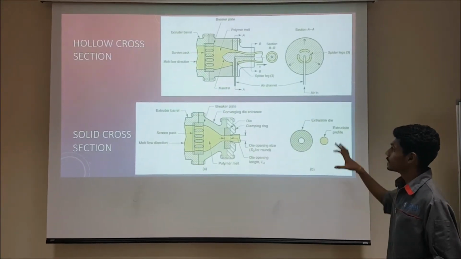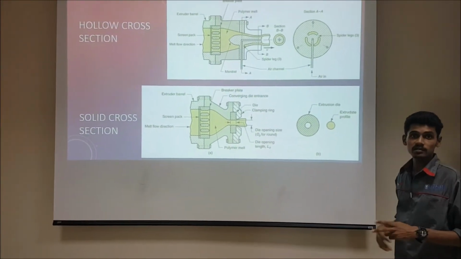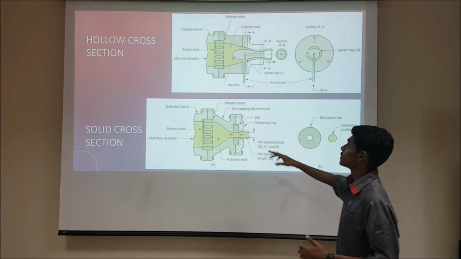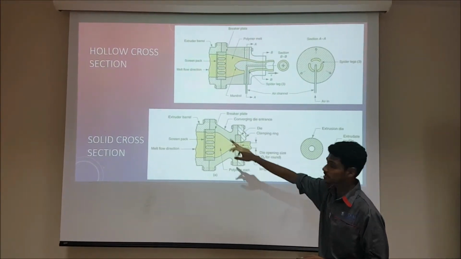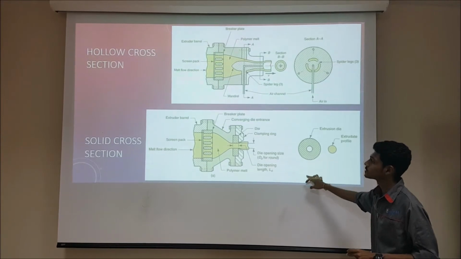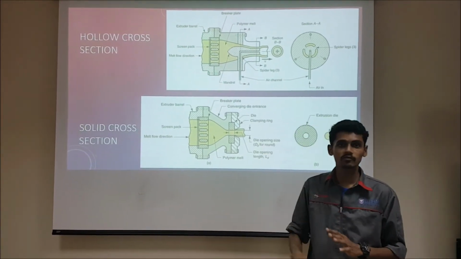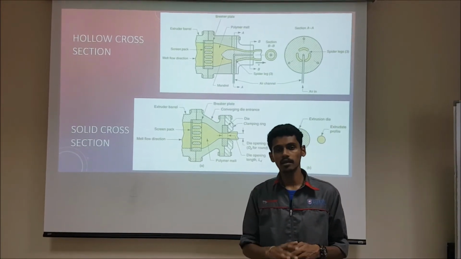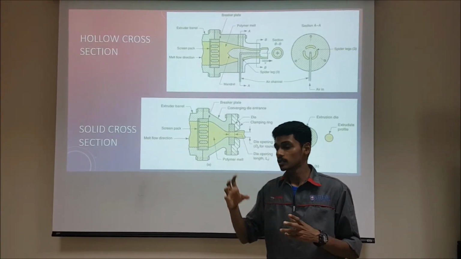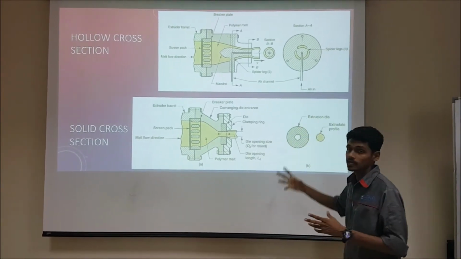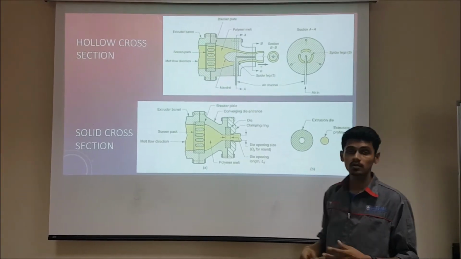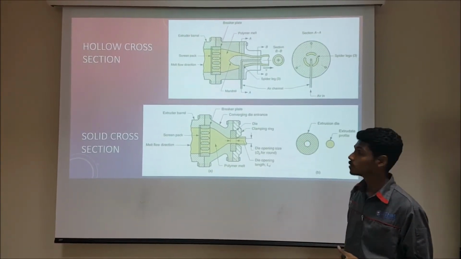Okay, these show different sections. The first one shows the hollow cross section. The second one shows the solid cross section. The process of the extrusion is all the same, but the requirement that we need, either hollow or solid, depends on the die that we use.